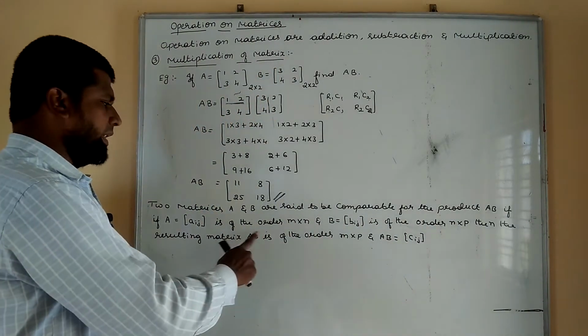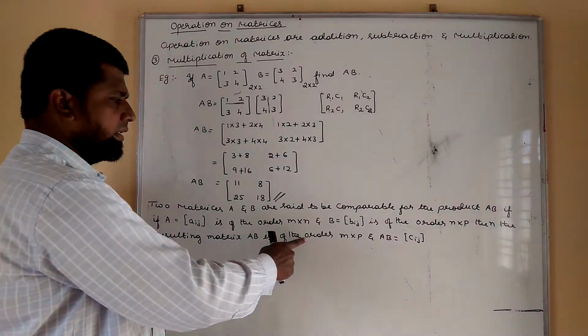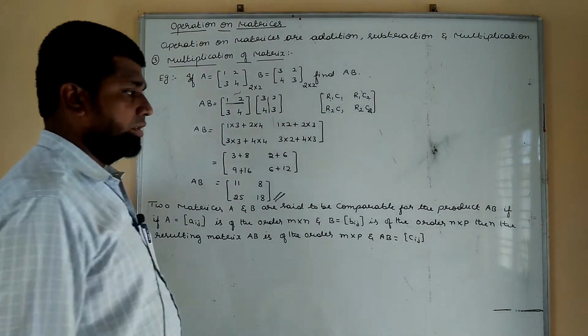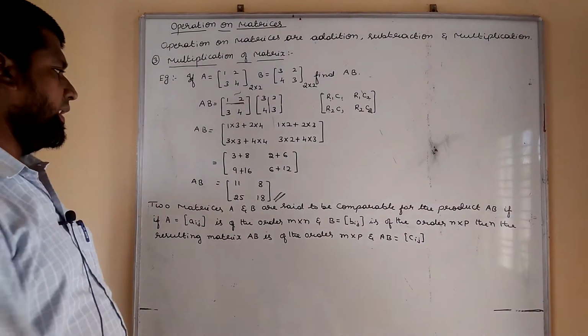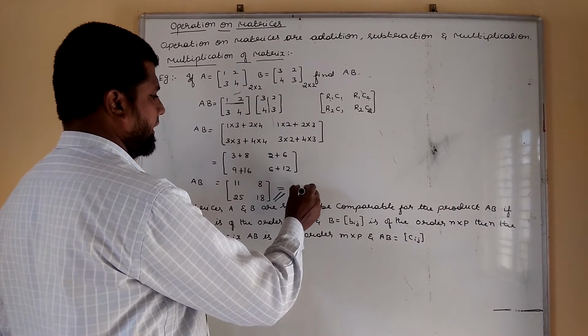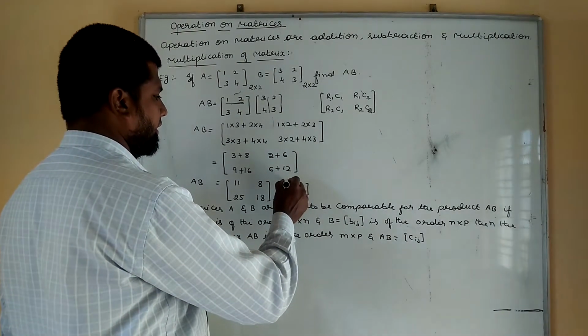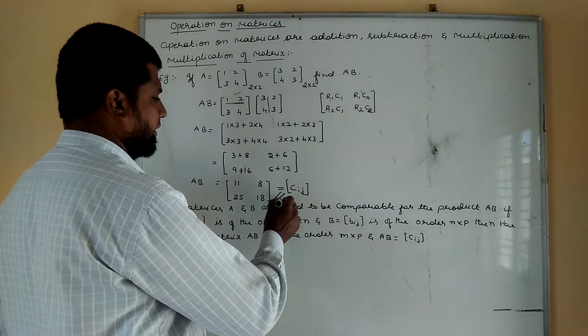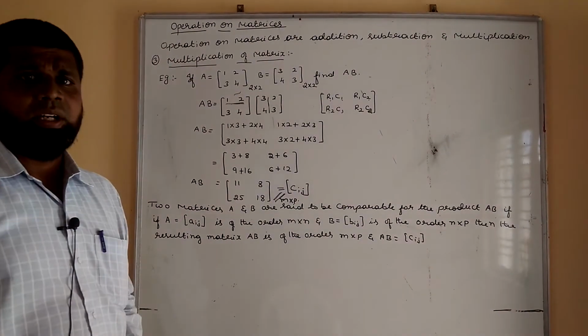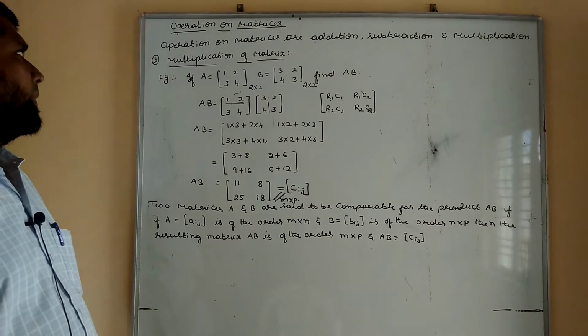Then the resulting matrix AB is of the order m cross p, and AB is equal to Cij. What we got as AB is called Cij, in the form of m cross p. So this is the multiplication of matrices.